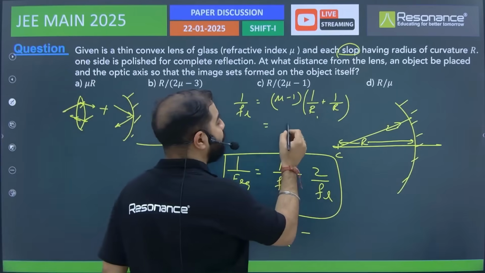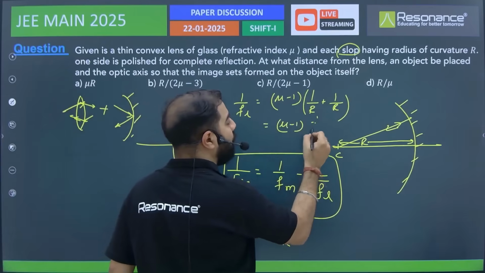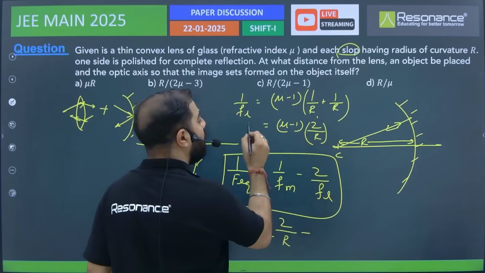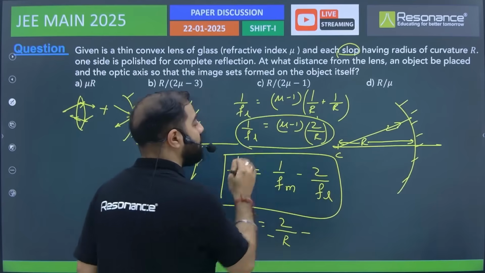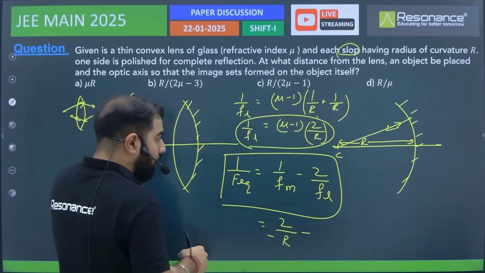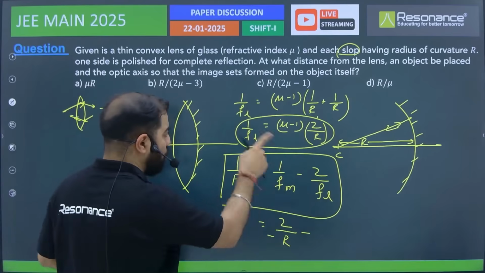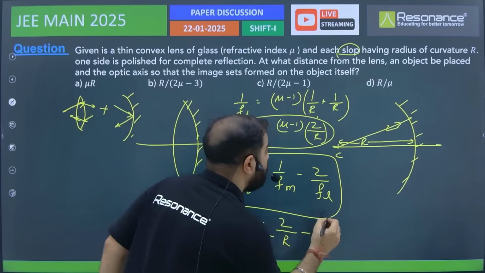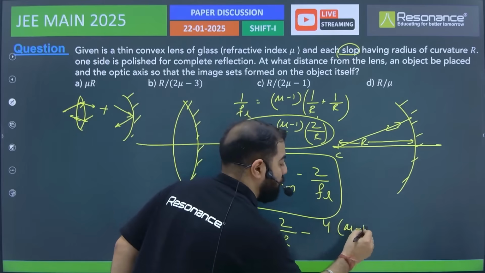That will be mu minus 1, 2 by r, is 1 by focal length of the lens. It's 2 by FL, no? So multiply both sides by 2, which is like 4 times mu minus 1 by r.